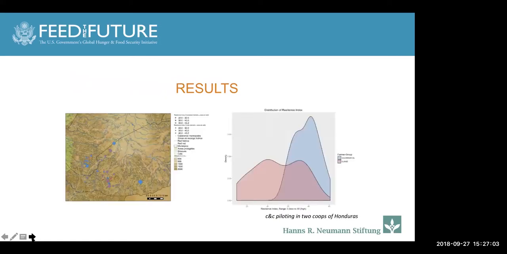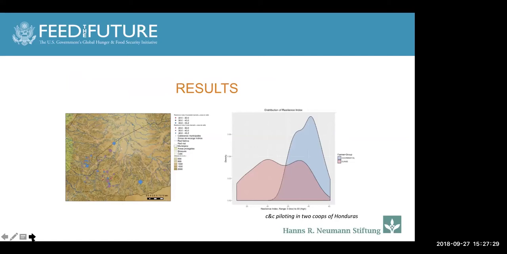Next, please. So this is some of the results that we have seen. For example, if the square is bigger, the farmer has a better adaptive capacity. If the square is smaller, he has a lower adaptive capacity. And you can compare between different farmer organizations.